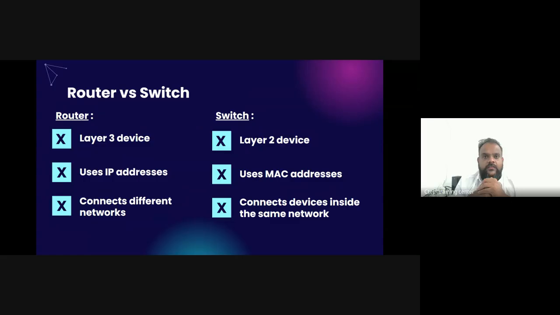Switches use something called MAC addresses and connect devices inside the same network. A router moves traffic between networks, like your home network to the internet. The switches connect the devices inside the same network, like PC, printer, and Wi-Fi phone. This difference is extremely important for the CCNA exam.